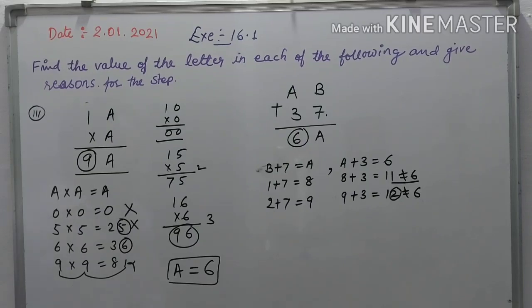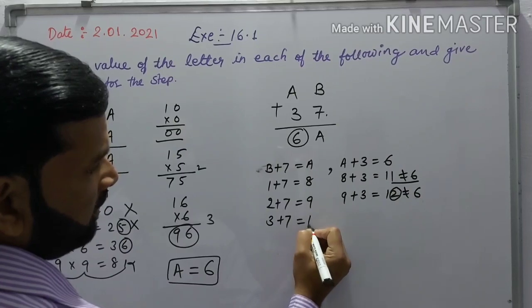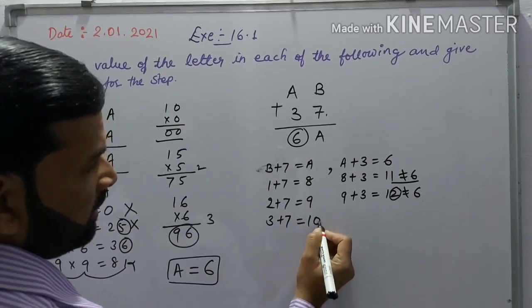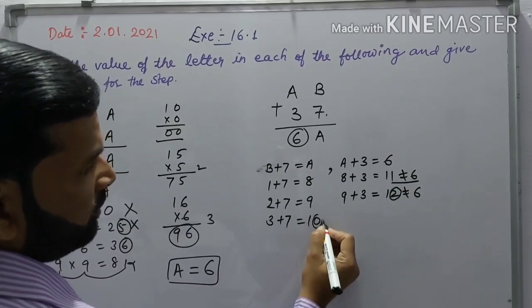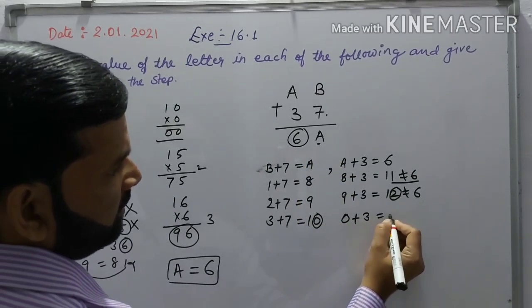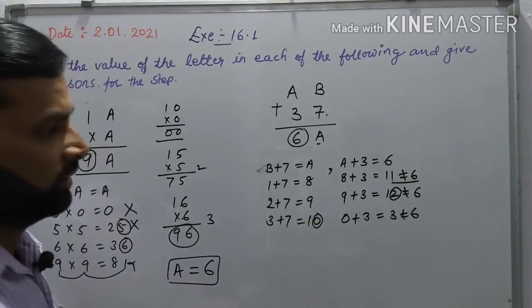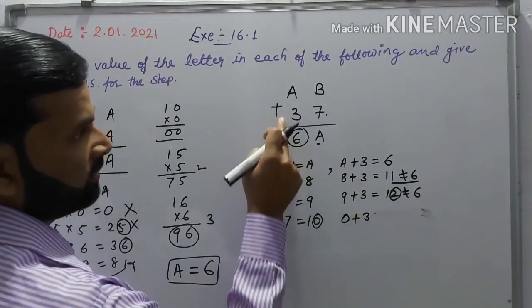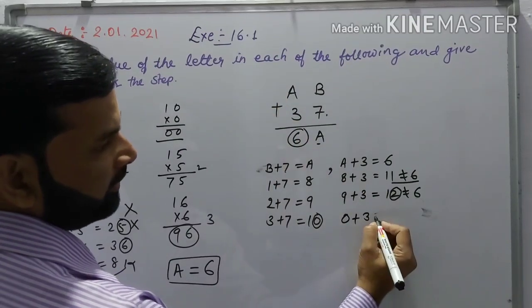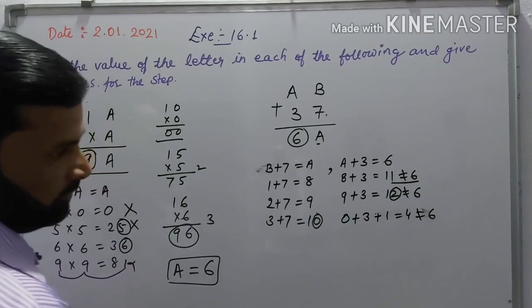Okay, so now 3 plus 7 is equal to 10. Okay, so 10 is only unit digit we write here. It means 0 plus 3 is equal to 3, not equal to 6. Suppose 3, 0 plus 3 and 1 carry is equal to 4 and 4 is not equal to 6.